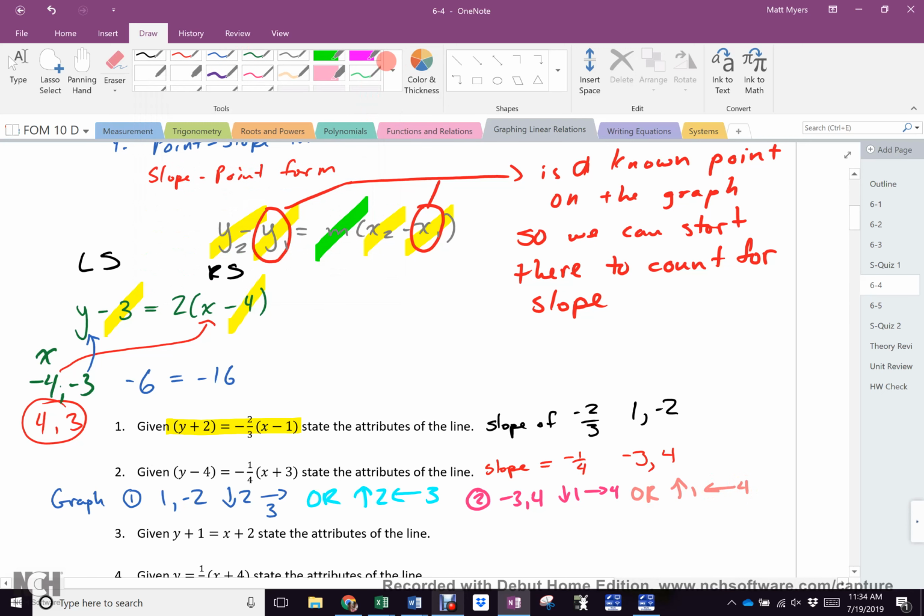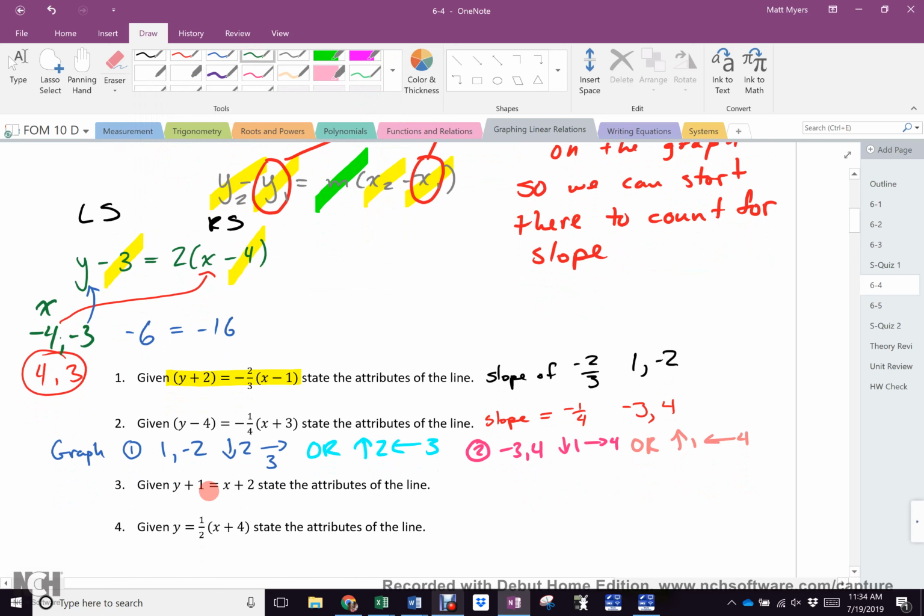Okay, so let's do 3. What are the attributes of the line? It's tricky. Why is it tricky? It looks like it doesn't have a slope, doesn't it? But it's 1, isn't it? Because if I put brackets right there and multiply it by 1, isn't it just x plus 2? Okay, so what is my starting point?